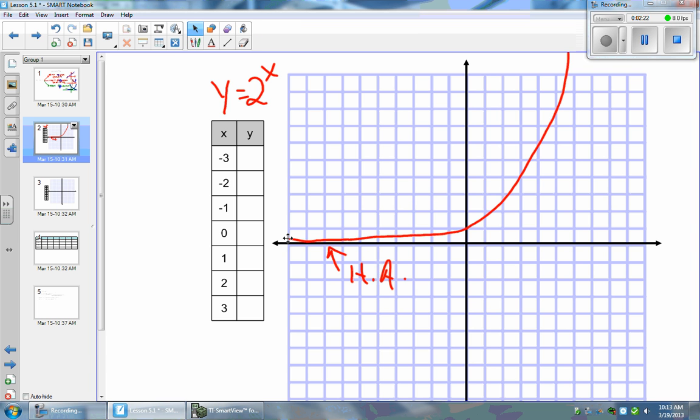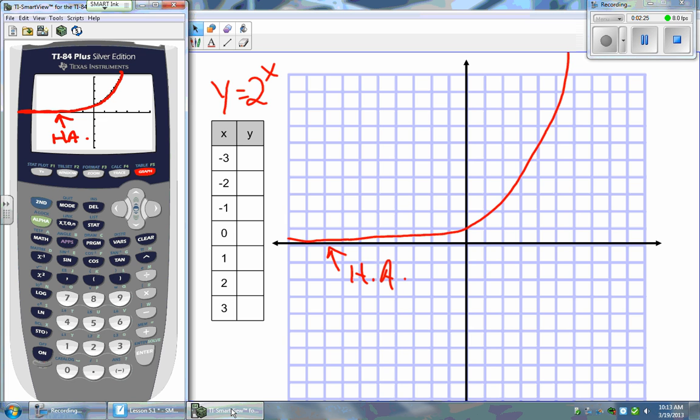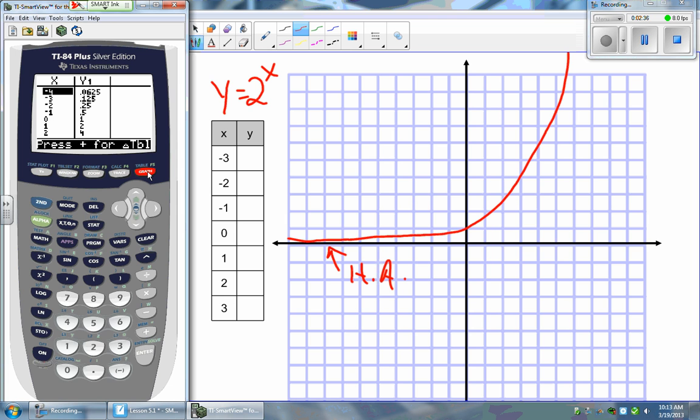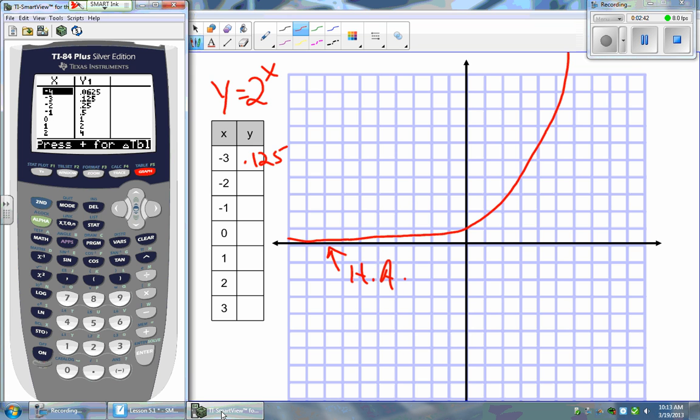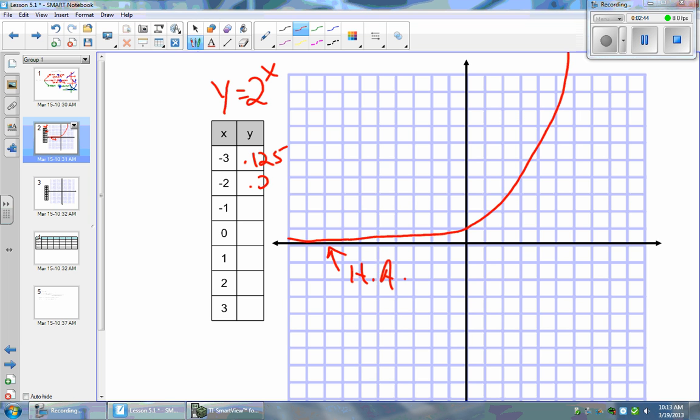Let's see why. I'm going to clear the ink out of this. I want you to be able to see something though. I'm going to go second, and I'm going to hit the table. And I want you to see what the table looks like. Look at this. Minus 3 is 0.125. Minus 2 is 0.25.